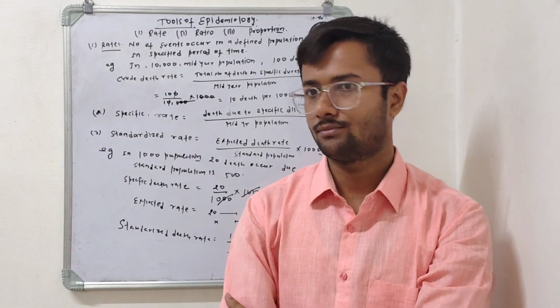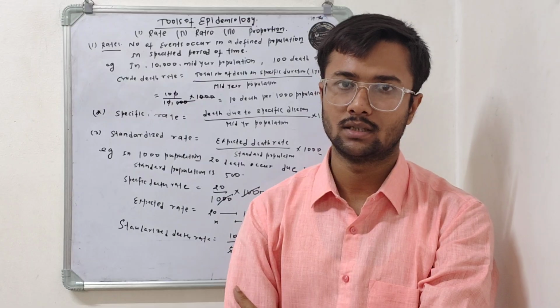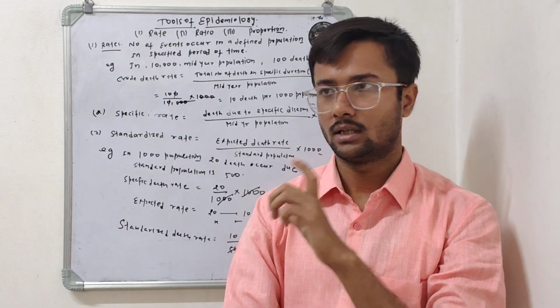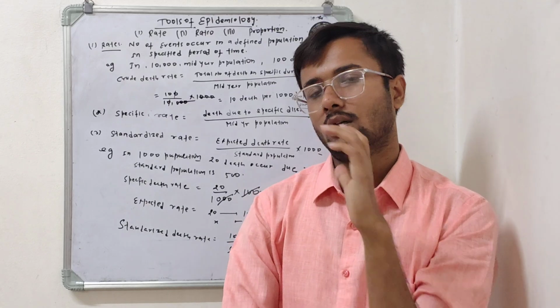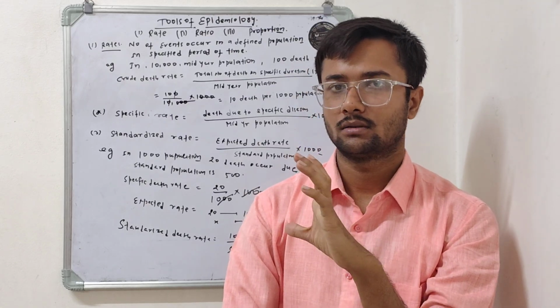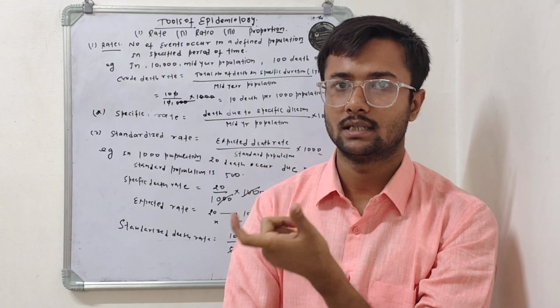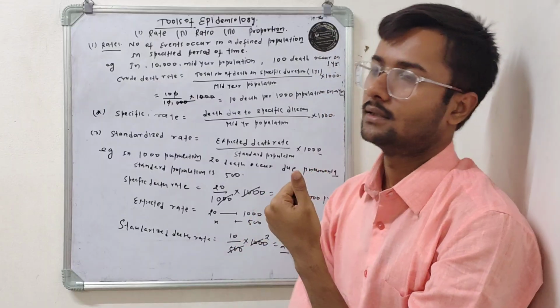Rate means the number of events occurring in a population, basically in a defined population, in a specific duration of time. So what I'm telling you is, the number of events occurring in a defined population in a specified duration, we call it a rate.